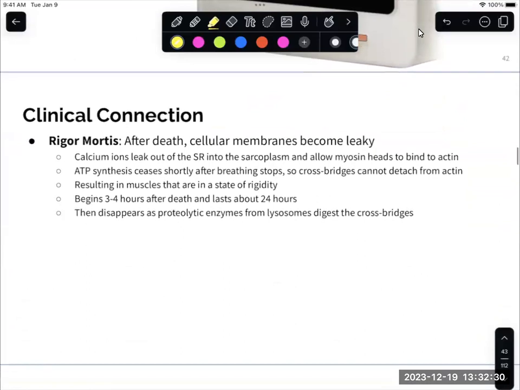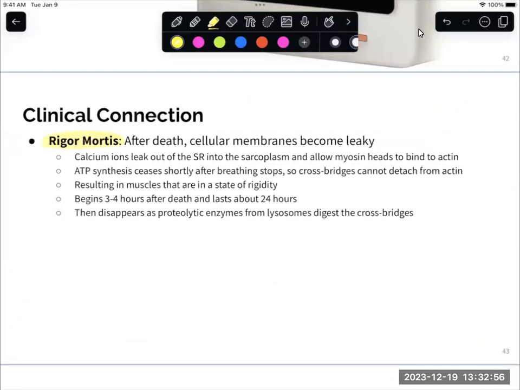Here's another interesting one. Rigor mortis. You know how I kept mentioning if we need ATP for that myosin head to detach from that actin, that actual detachment process of the cross bridge to happen.